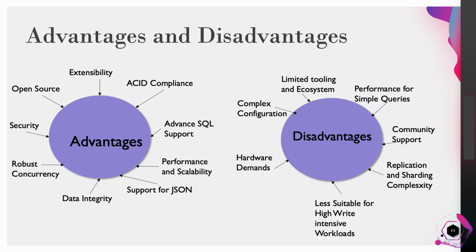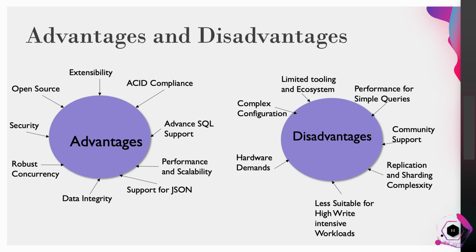However, PostgreSQL also comes with some challenges. It has a steeper learning curve, requiring expertise for proper configuration and performance optimization. For simpler workloads, it can be slower than alternatives like MySQL, and its toolset is less extensive compared to other databases.